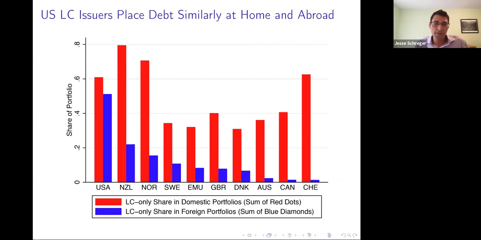And so on the left, you can see that American firms that borrow only in dollars account for around 60% of the US domestic bond portfolio, but around 50% of the foreign portfolio. When you look at any other country, local currency only borrowers account for a huge fraction of the domestic portfolio, but foreigners are dramatically underweight these local currency firms.